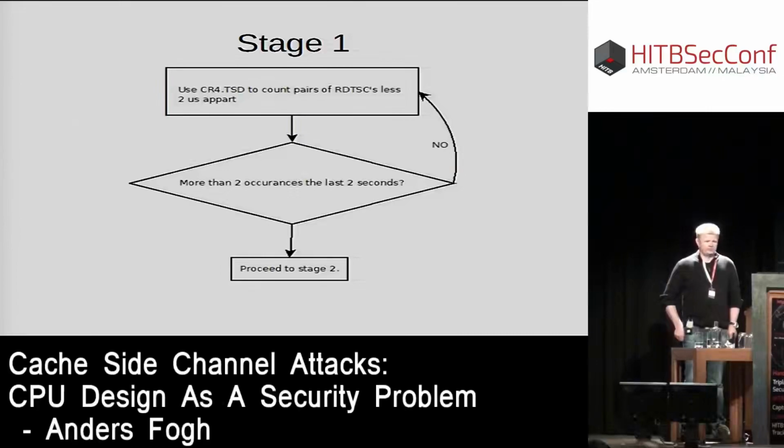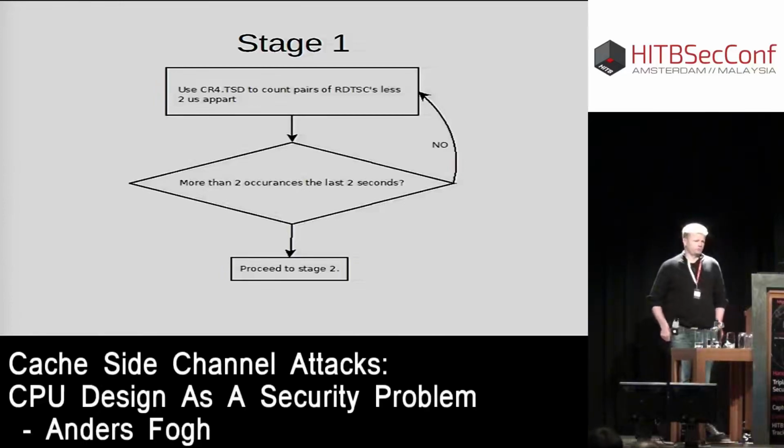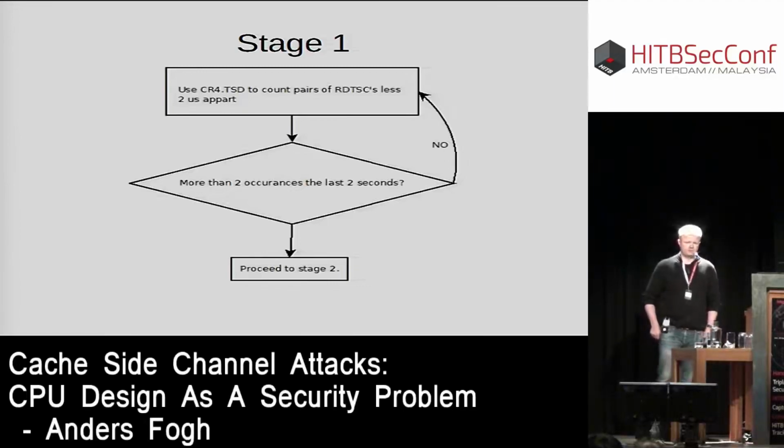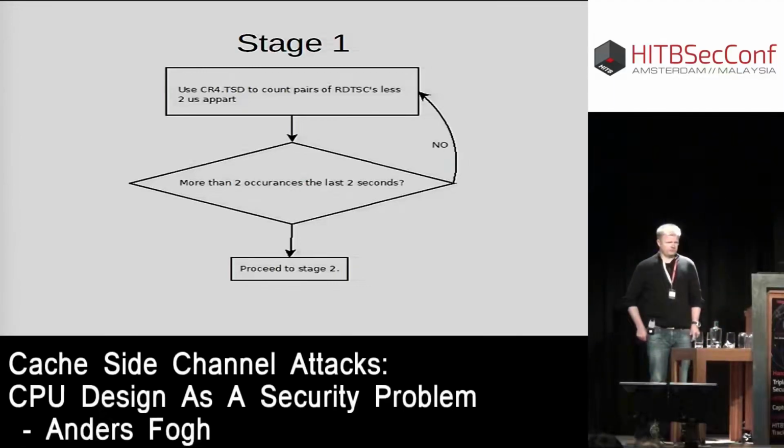What we do in the first stage is that we try to detect the bracket of RDTSC instructions, and here we use the CR4 TSD flag to get an access violation and count how many times we see RDTSC instructions less than 2 microseconds apart. The 2 microseconds is a tuning value. 2 microseconds is pretty conservative relative to what an attacker can actually afford to spend between RDTSC instructions.